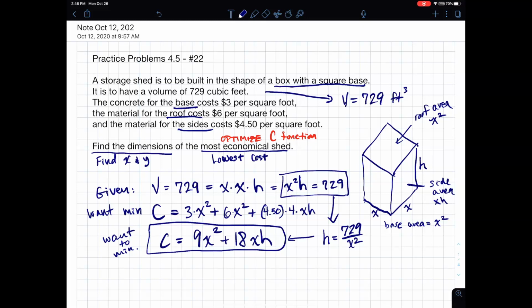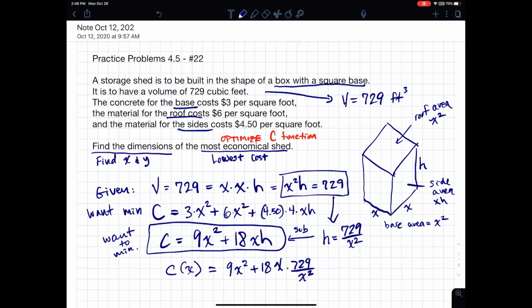And then I'm going to take that and I'm going to substitute that into the other equation for the cost, because that will eliminate the h variable, and then it will be only in terms of the x variable. So if I do that, then I get the cost written purely as a function of x is now 9x squared plus 18 times x times 729 divided by x squared.